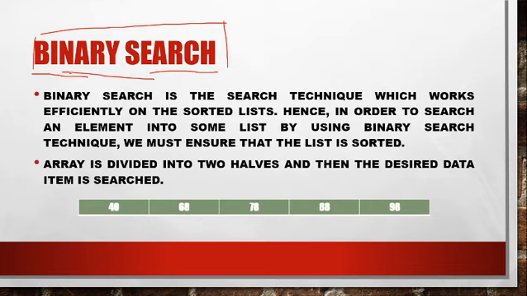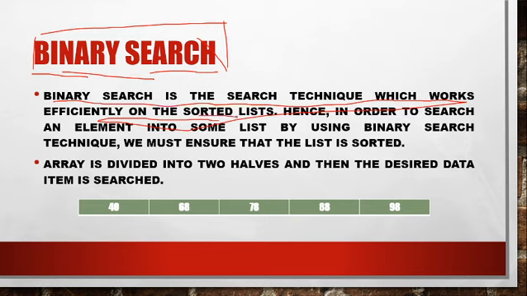How? I will explain. Binary search is a search technique which works efficiently on a sorted list. Linear search can work on a sorted list as well as an unsorted list, but binary search has a limitation: it will only work with a sorted list.